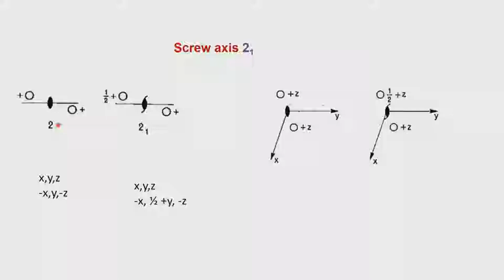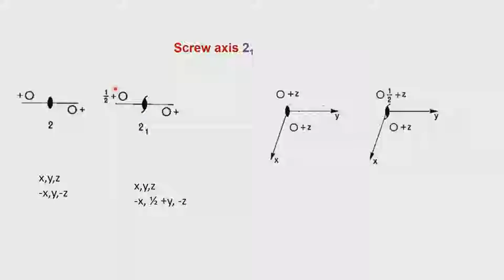We can invoke the presence of a point group 2 1 likewise, where we take this point x, y, z. Now instead of the twofold symmetry, it is a twofold screw operation. What we mean by a twofold screw operation is that we rotate this by 180 degrees and do not stop there, but translate it by half a unit along the y axis, which is the b direction.